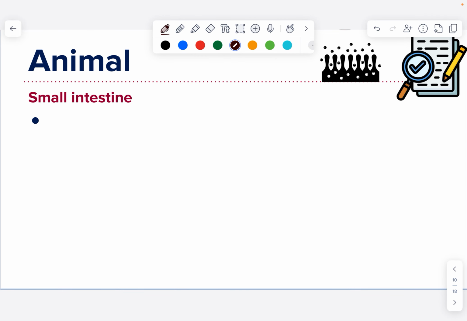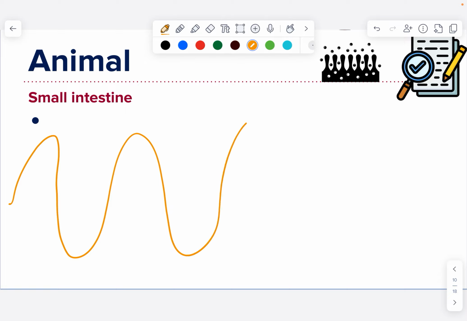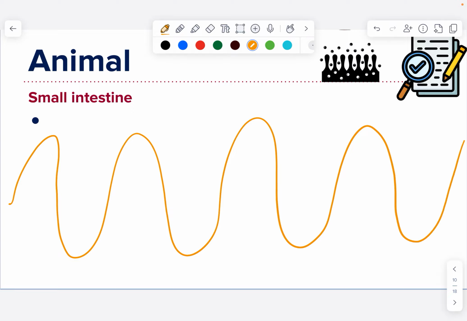Small intestine, the classic one that comes up then is the small intestine. So a couple of things to mention there. So first of all, as I was mentioning earlier, in terms of the structure, the small intestine itself is folded. So these folds are the villi.